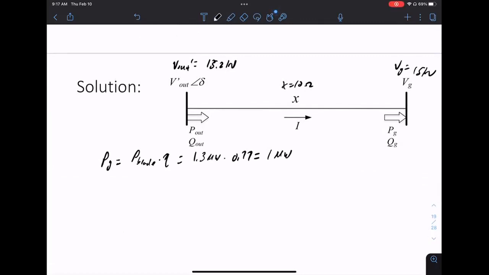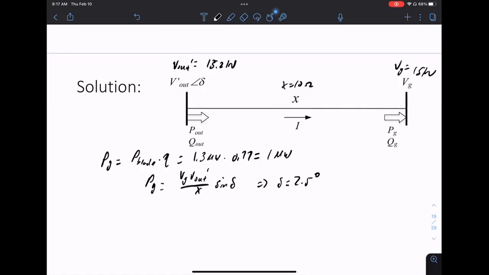Then from this, we can use PG equals VG times V out prime over X times sine delta. This is again the equation we have. We know PG, we know VG, we know V out prime, we know X. Plug in, find delta. Delta is 2.5 degrees. Again, be very careful and pick the smaller value.